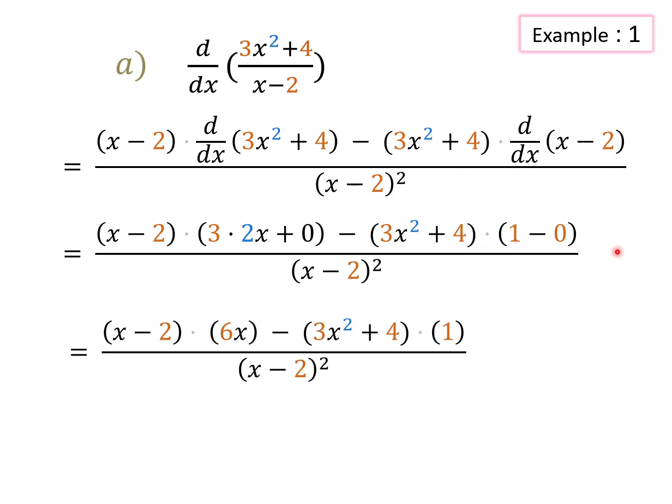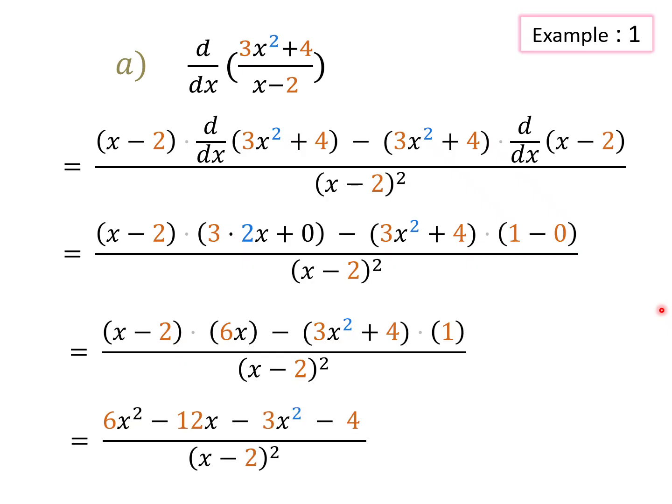After this, the next step is simple algebra. So 3 into 2 is 6x and 1 minus 0 is 1. Now we have multiplied it and after further simplification we are getting the final answer as this.